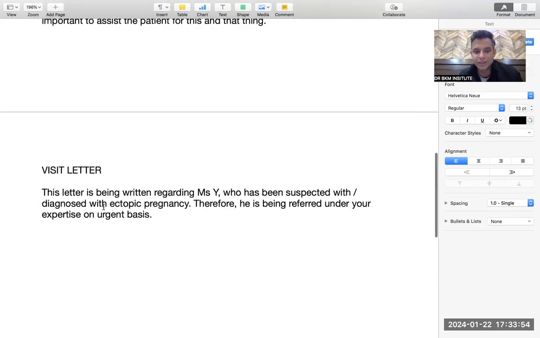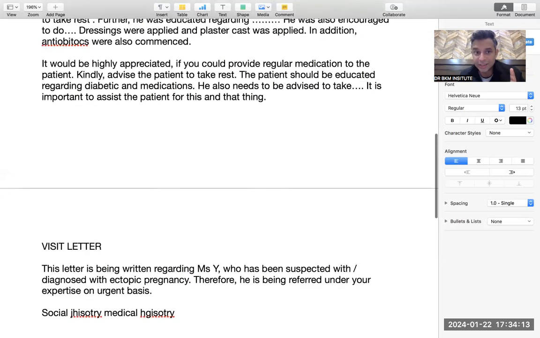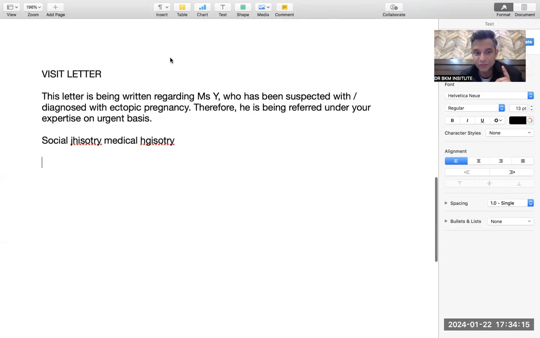In this kind of letter, this is the purpose. That's it. Now again, simple. Social history and medical history, which is required. Second paragraph. Third paragraph, just like in the discharge letter, hospitalization was there.